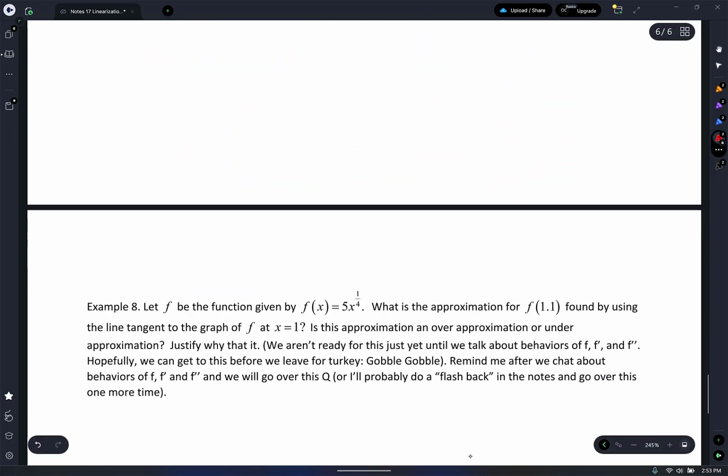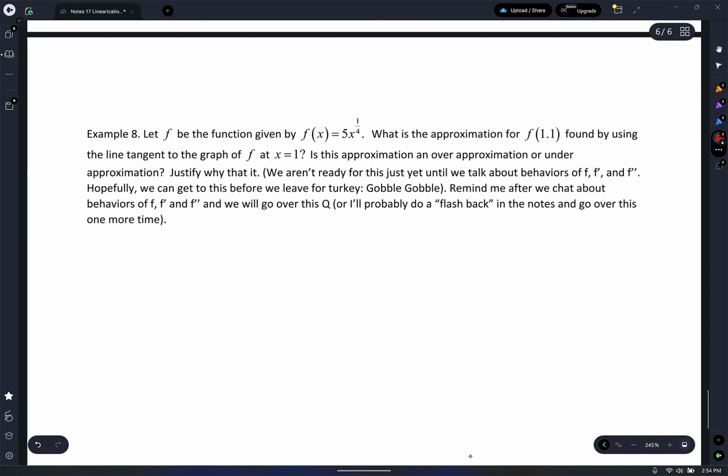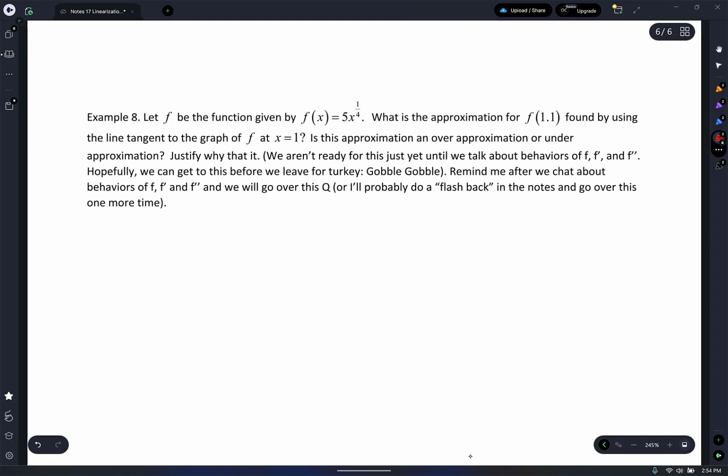Okay. All right, we will come back to this problem. That's because you guys don't know what the second derivative means in terms of f. Or maybe you do, I don't know. No? Okay. We aren't ready for this just yet until we talk about f prime, f double prime. Hopefully we can get there before Thanksgiving.